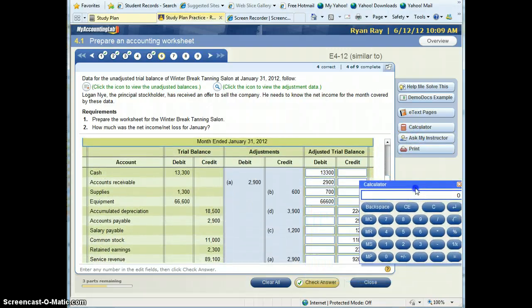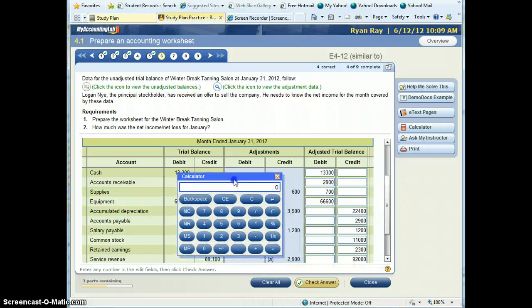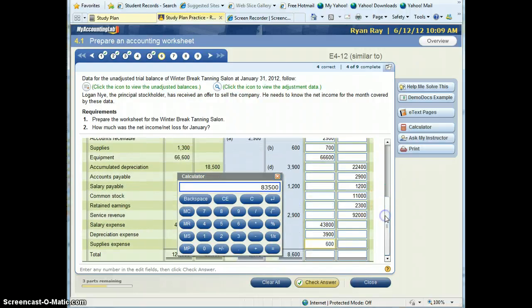The bad thing about these, it takes a while and if you make a mistake, you gotta go back and redo it. 13,300 plus 2,900 plus 700 plus 66,600 plus $43,800 plus 3,900 plus the 600. 131,800. Bring that down there.